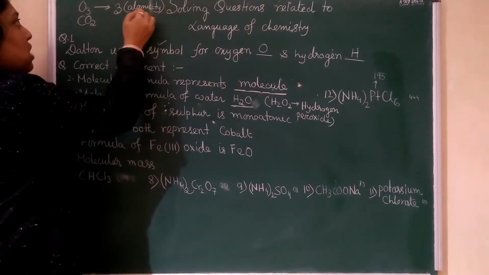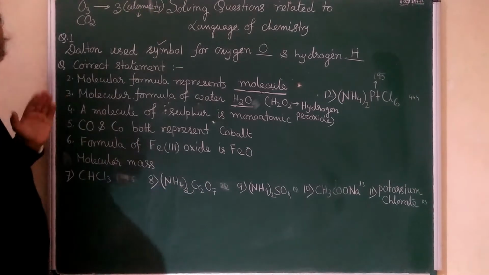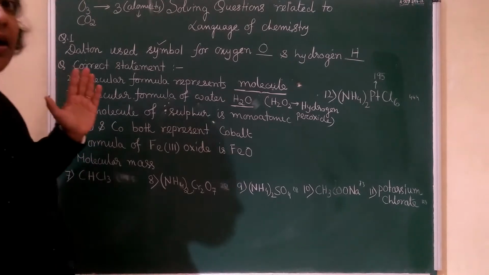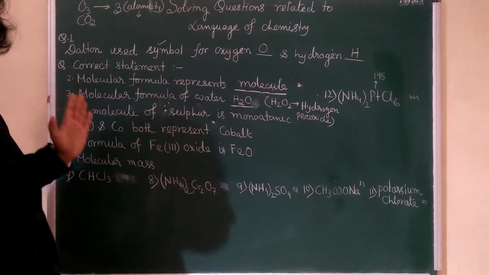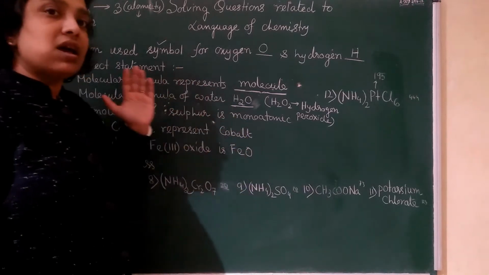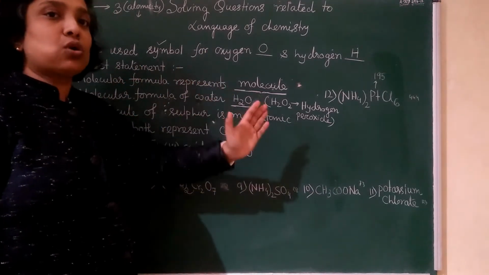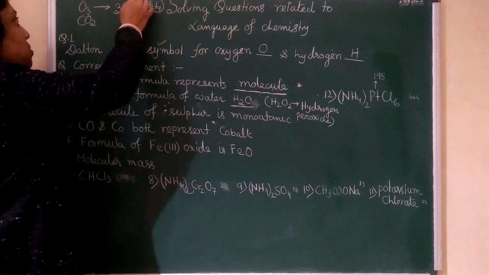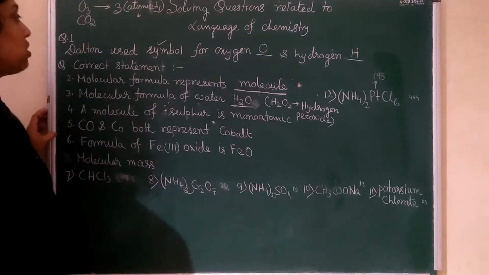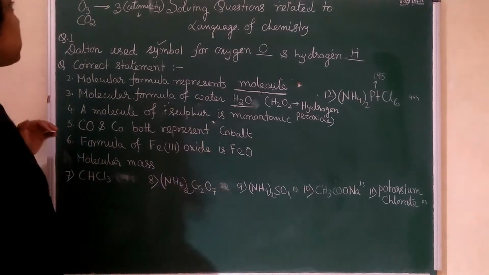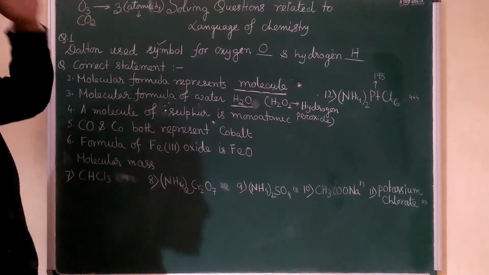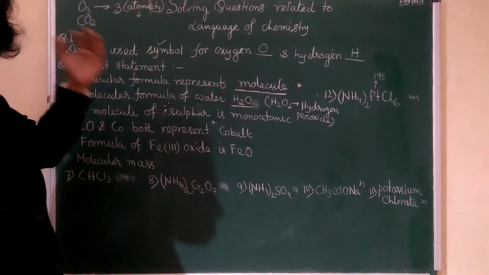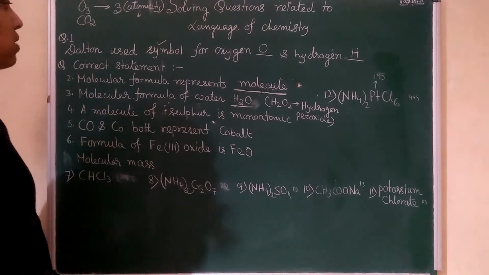Based on atomicity we call them monoatomic. All inert gases are monoatomic. Then diatomic: hydrogen, chlorine, oxygen, fluorine, H2, Cl2, O2, F2, all are diatomic. More than that, all are polyatomic. If it is 3, you can write triatomic, no problem. If it is 4, tetraatomic. But mostly, more than 2 is polyatomic.